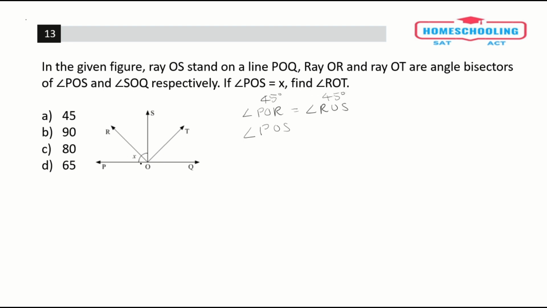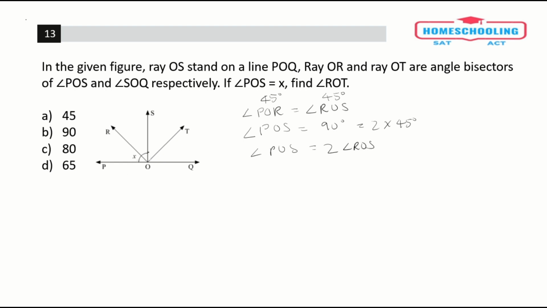Now angle POS is 90 degrees, so we can also write it as twice of 45 degrees. So angle POS is equal to twice of angle ROS.